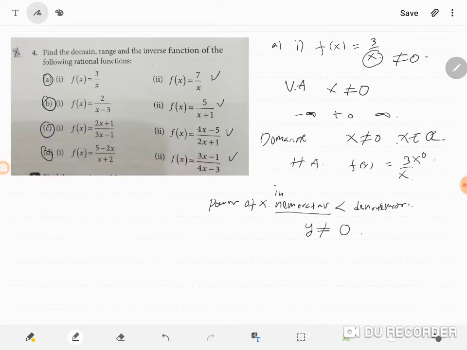So the numerator is less than the denominator, or n less than d, so y equals 0.